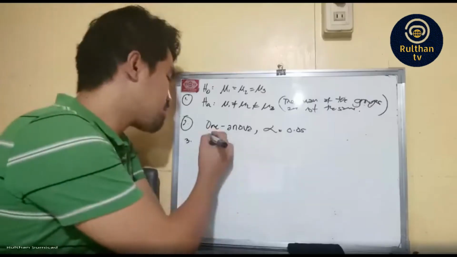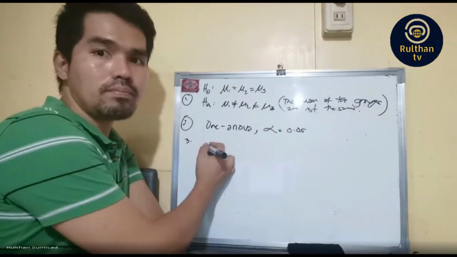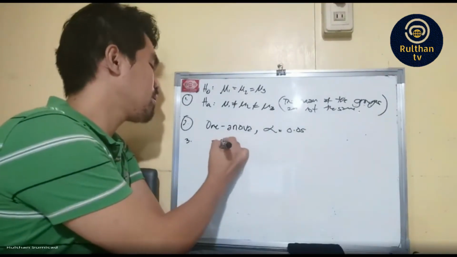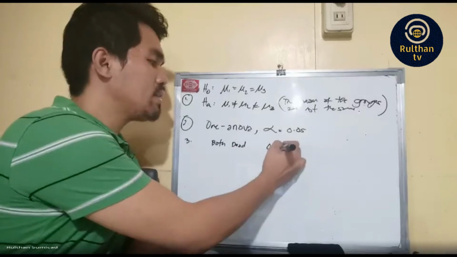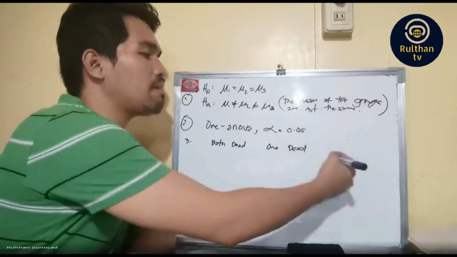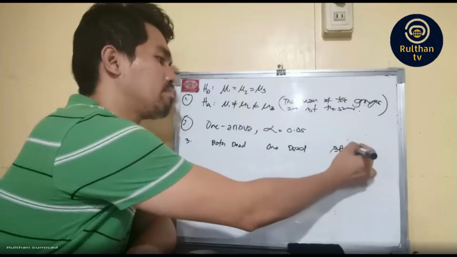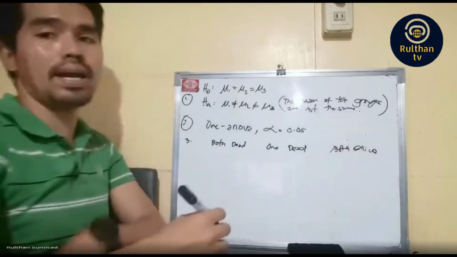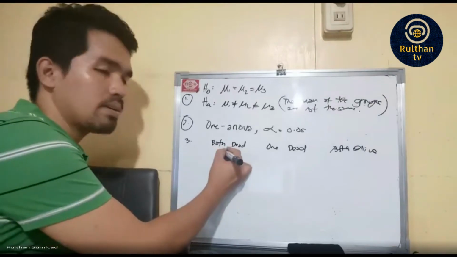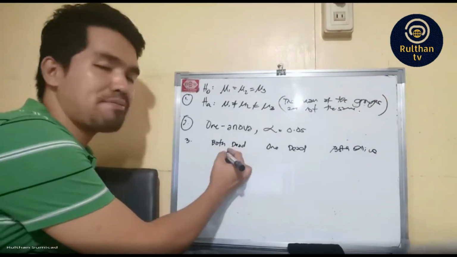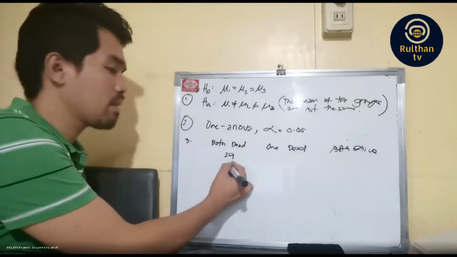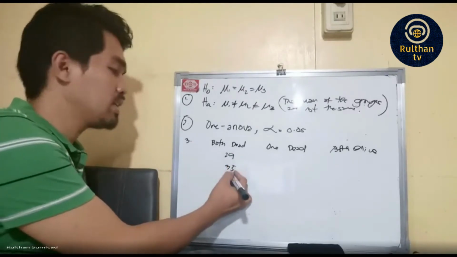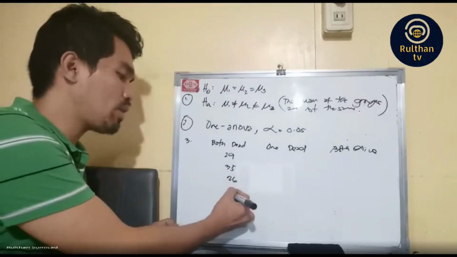Select and collect the data. Okay, so I'll just make here both dead, one is dead. Just try to understand the table, and then both alive. Then we will get their results. So for both dead, the four students who were found actually had optimism scores of 29, 35, 26, and 22.